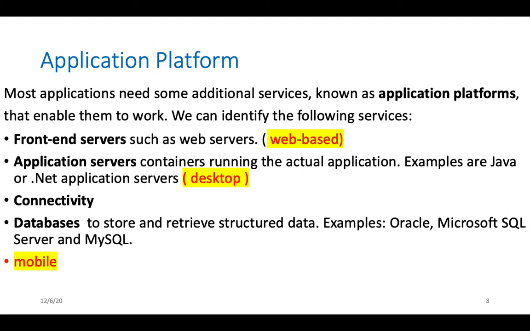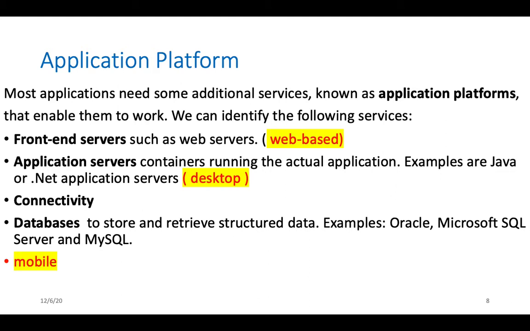We have services which run for front-end servers, like web-based servers, any server which you can use to host a website, for example. Or application services, like servers which can be Java or .NET; in short, when we mention application servers, we mean the desktop computer or desktop services.